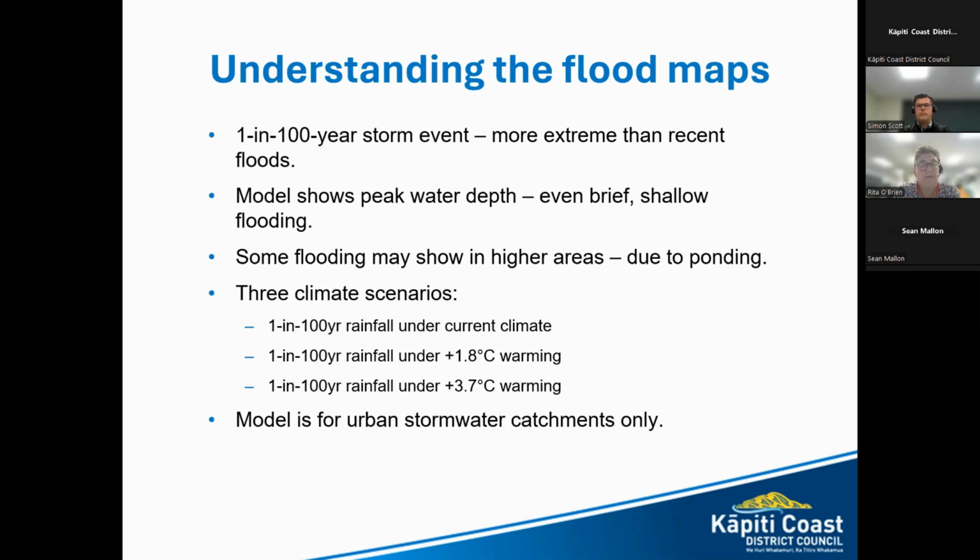In reality, where we land as a community with respect to climate change will likely fall somewhere between current climate and a worst case scenario of 3.7 degrees of warming. Different climate change projections and time periods can be employed for different purposes. One of the benefits of this model.